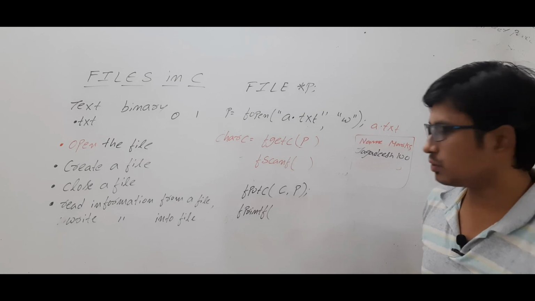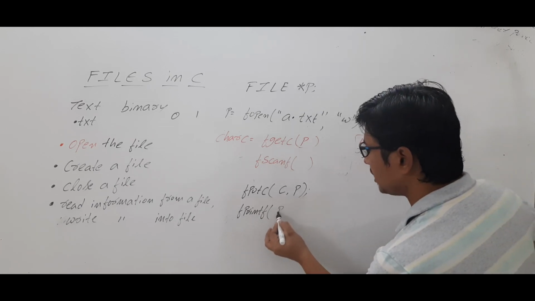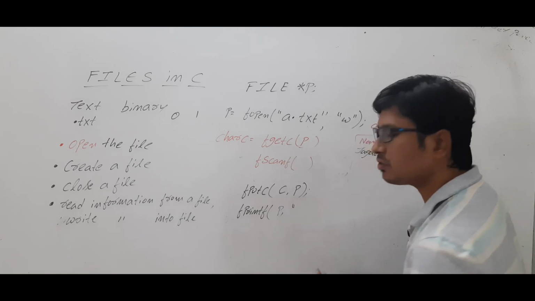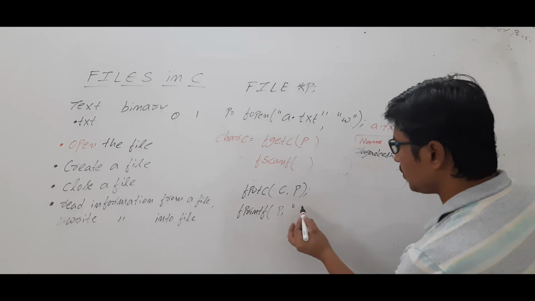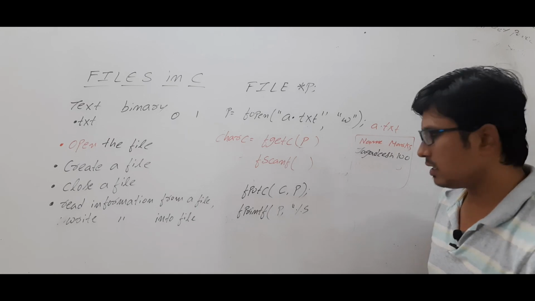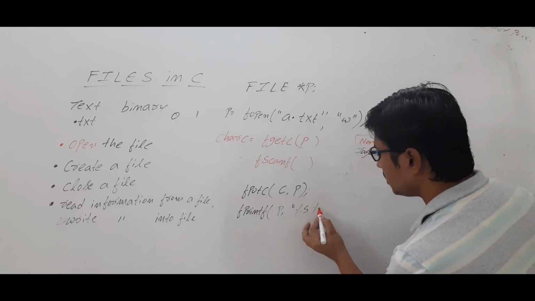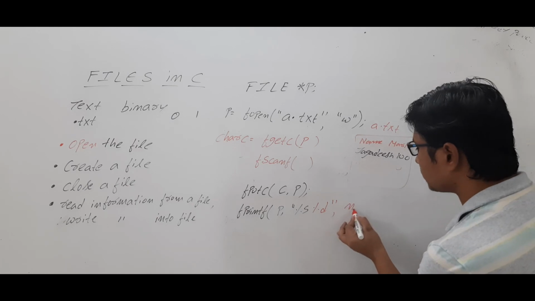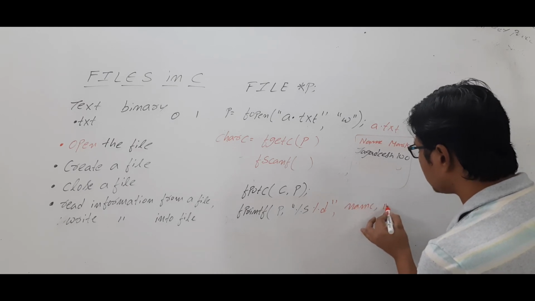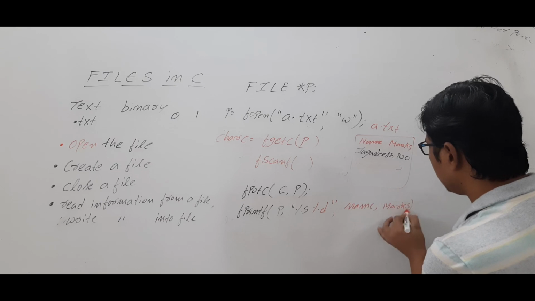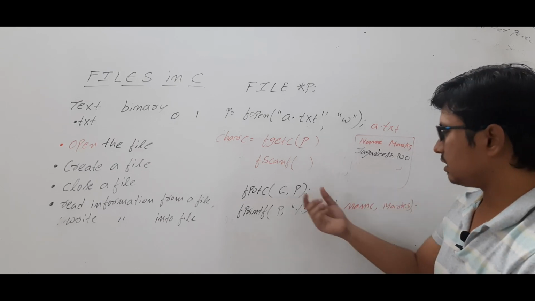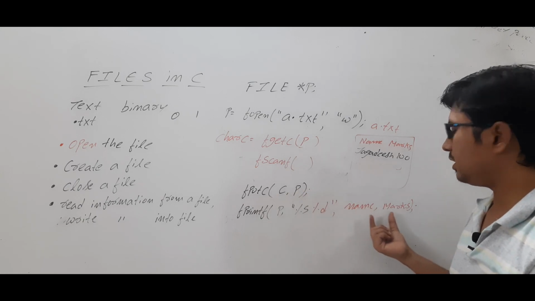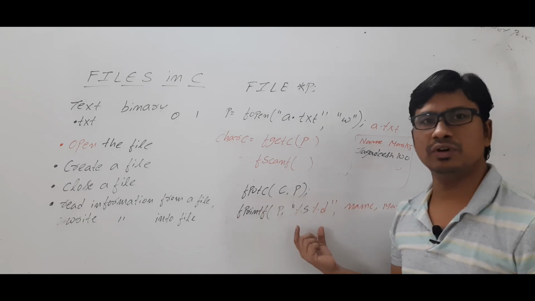Then I have to specify the file pointer, and then the format specifiers: one is a string, and another is an integer constant. Then the variable names name and marks. You ask the user to enter the name and marks, store them in the variables name and marks, and then you can use this function.